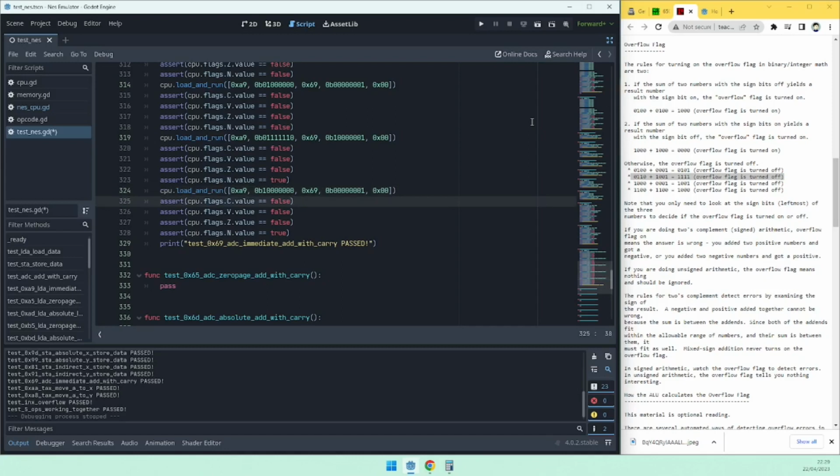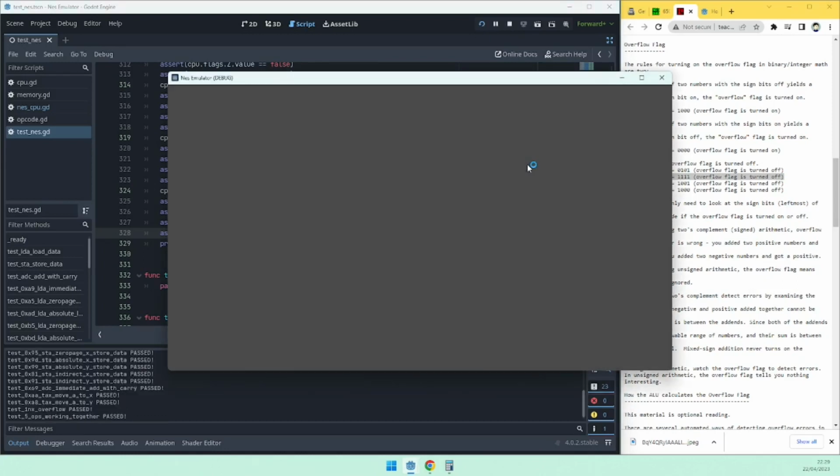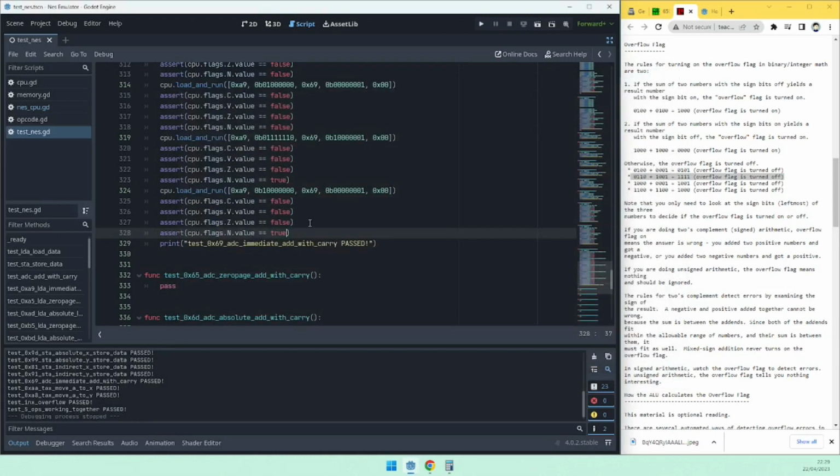Okay, and this does not carry, does not overflow, is not zero, and is negative. Let's see if it passes. Indeed it does.